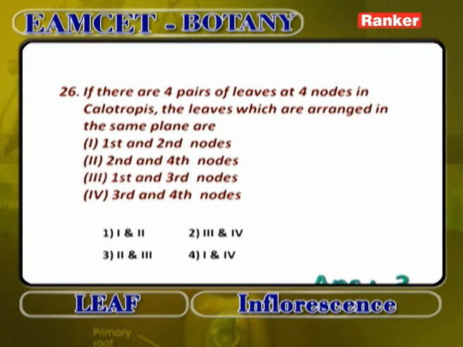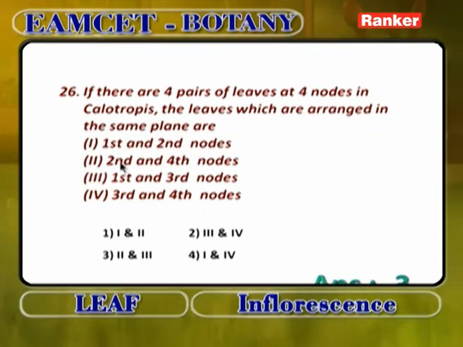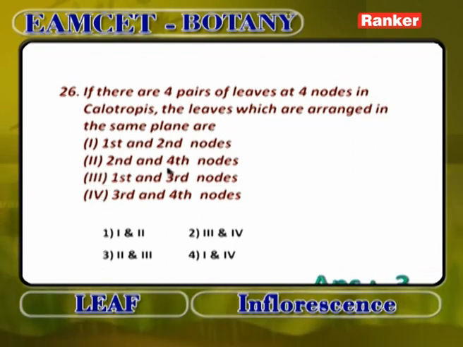Next, if there are 4 pairs of leaves at 4 nodes in Calotropis, listen carefully. The leaves which are arranged in the same plane are the second and fourth nodes, and the first and third nodes. Why?